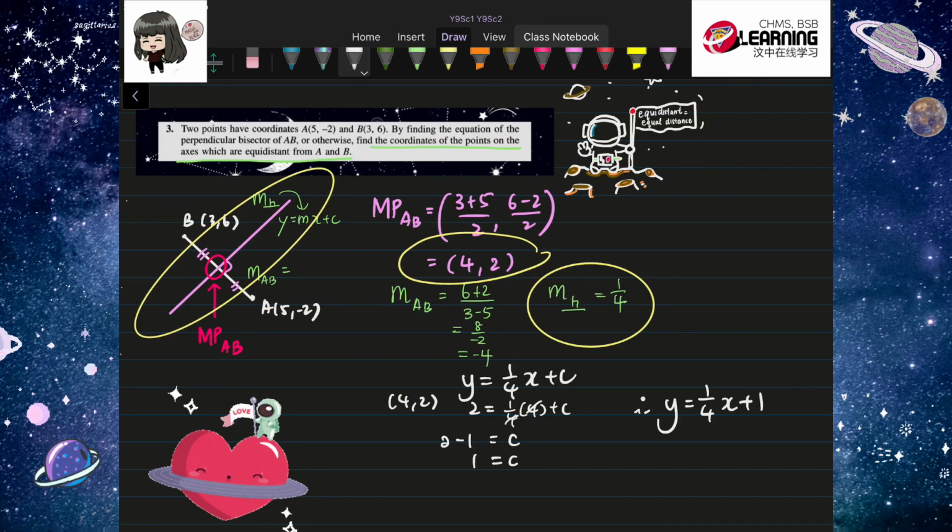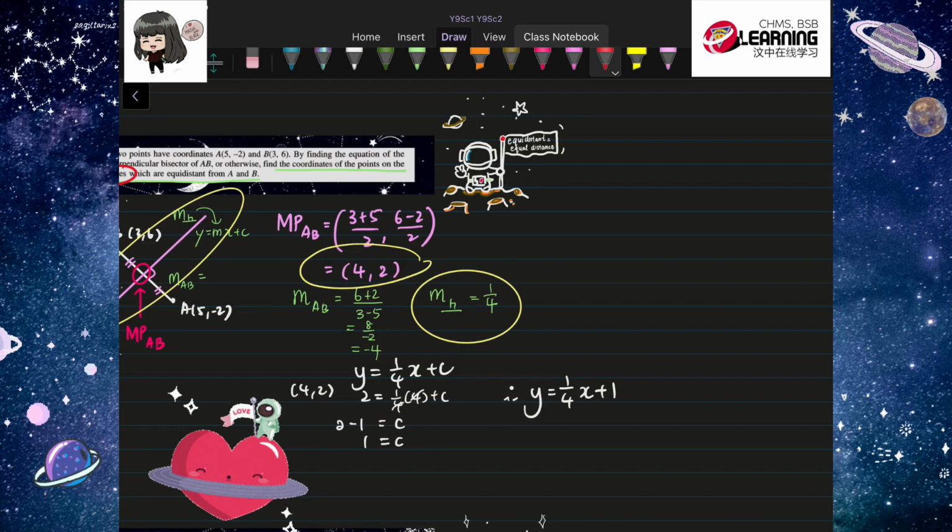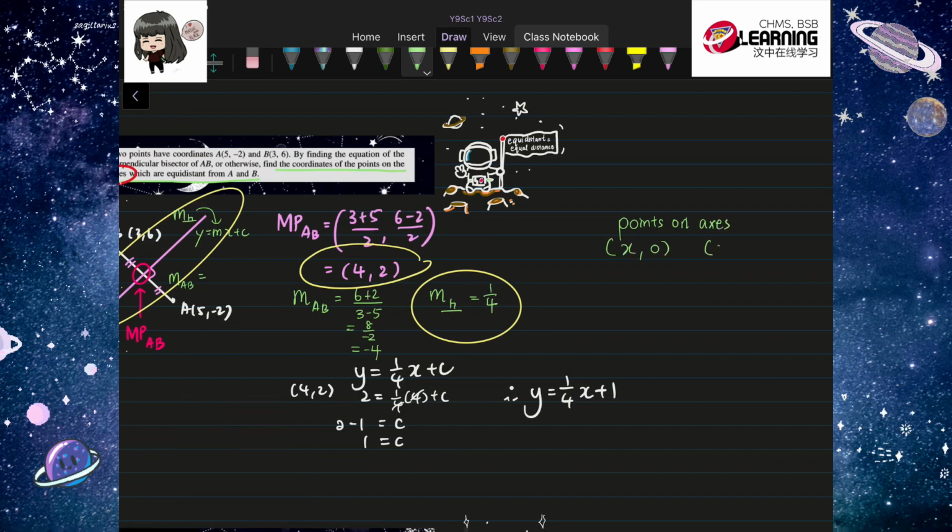Okay, but this is not the final answer yet, because they don't want you to find only the equation of the perpendicular bisector, they want you to find the coordinates of the points on the axis. Points on axis means they want you to find the points that pass through the x-axis and y-axis.